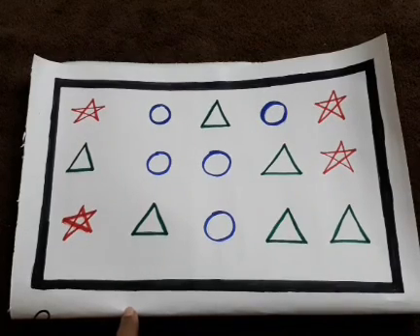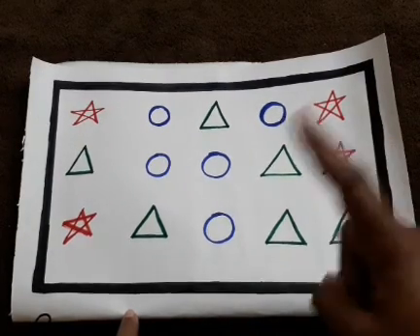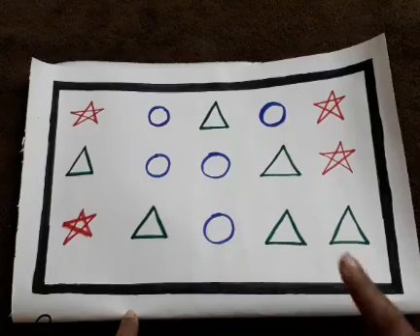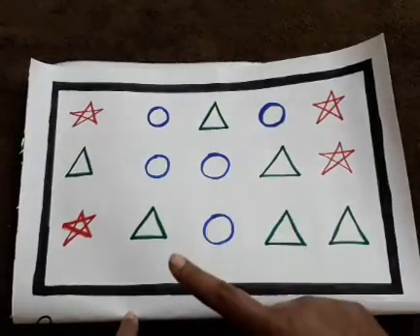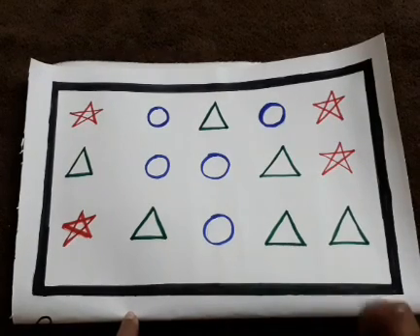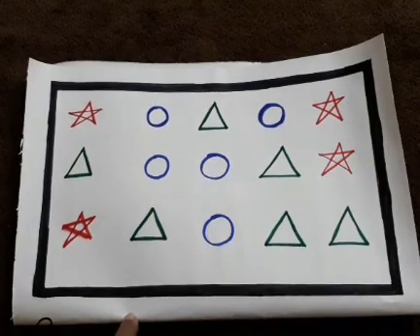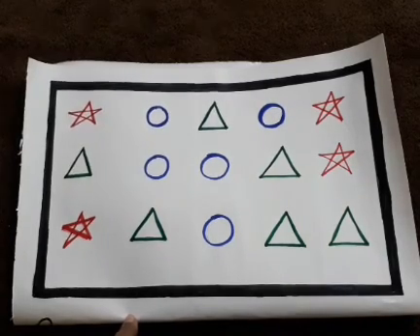How many triangles are there? There were 6 triangles.